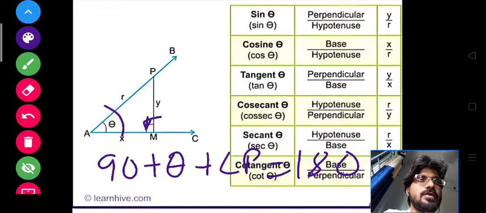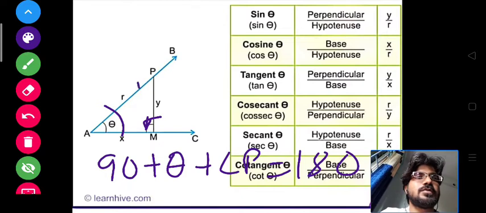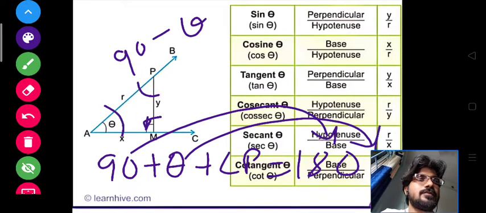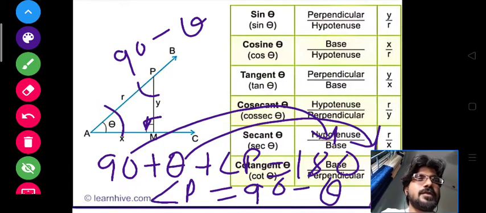So angle P will be 180 minus 90 minus theta, which is 90 minus theta.